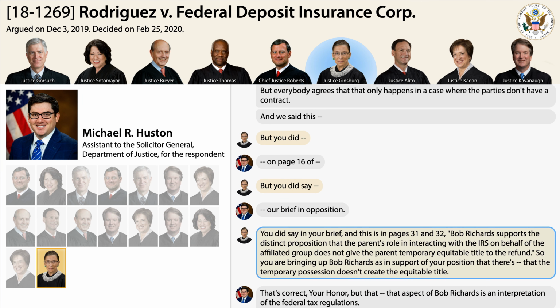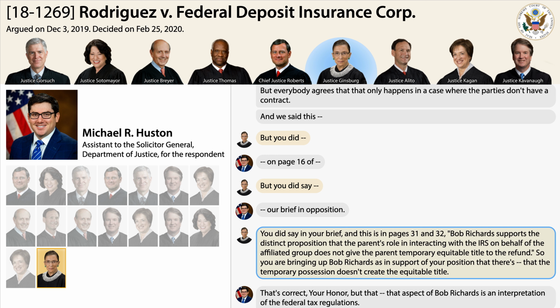You did say in your brief, and this is in pages 31 and 32, Bob Richards supports the distinct proposition that the parent's role in interacting with the IRS on behalf of the affiliated group does not give the parent temporary equitable title to the refund.